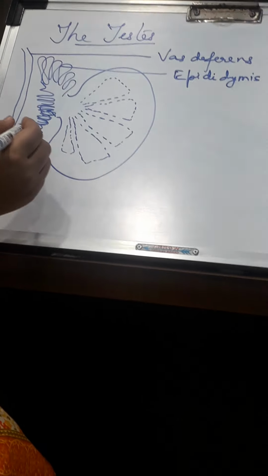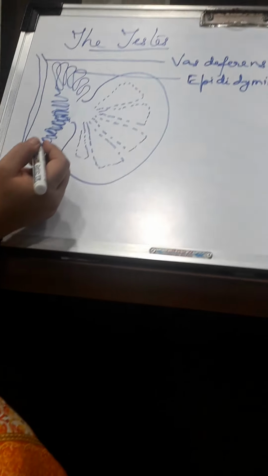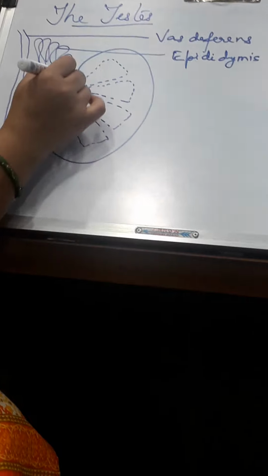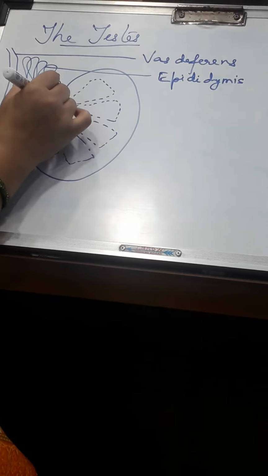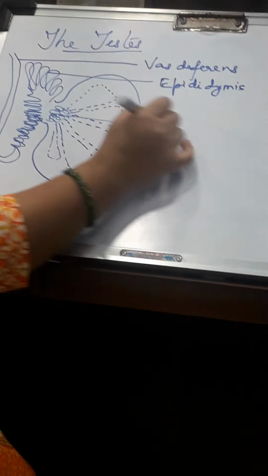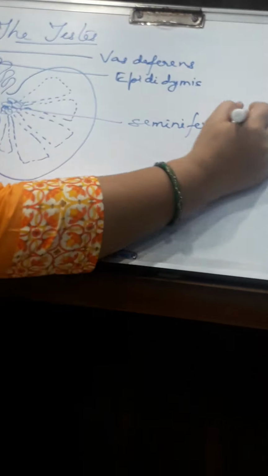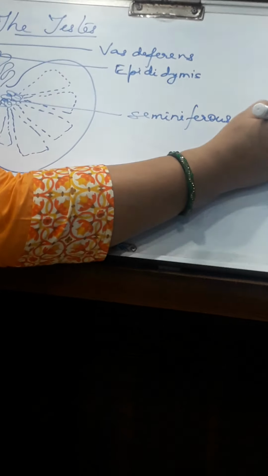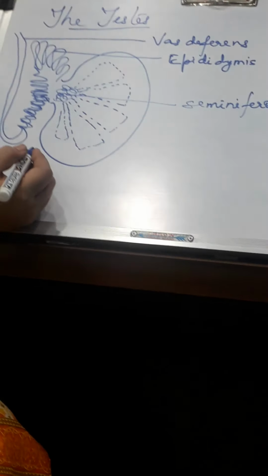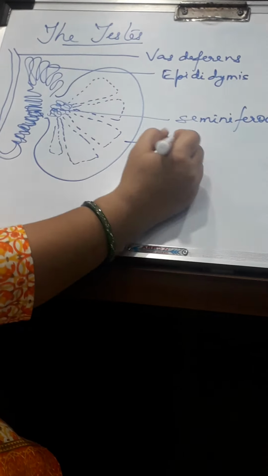This is the tubule network that connects the seminiferous tubules. A network of tubules lies here, and the seminiferous tubules lie there. Now, the whole is a compartment.